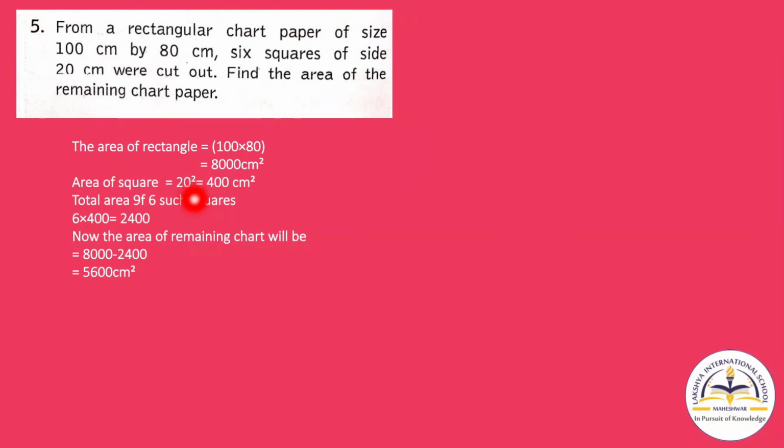So 20 into 20, that will be equals to 400 centimeter square. Now total area of 6 such squares will be equals to 6 into 400, that will be equals to 2400. Now the area of remaining chart will be 8,000 minus 2400, that will be equals to 5,600 centimeter square.